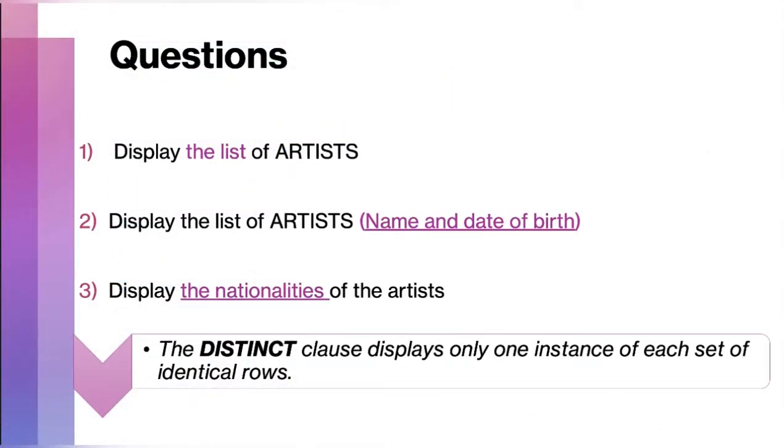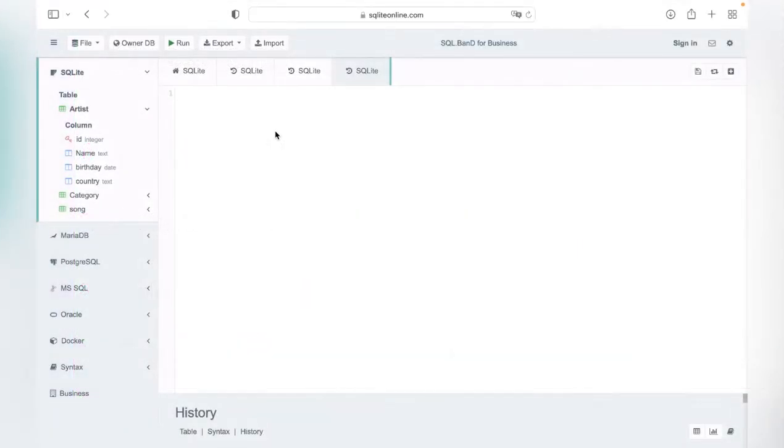The first question is to display the list of artists. I will use the select query: select from. I would not use where because I don't have a condition. I would just display the list of artists. Which table will I use? I will use the artist table.